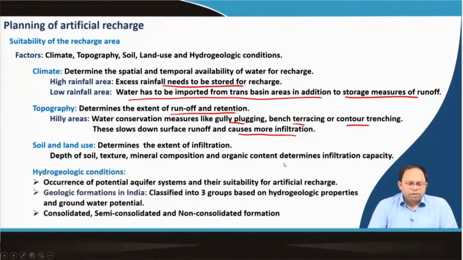And then we have the hydrogeologic condition, and the potential aquifer system and the suitability for artificial recharge. So that means the nature of the aquifer plays a role in what kind of recharge is possible, and how much recharge is possible. In India, we have 3 classifications for this kind of aquifers: consolidated ones, semi-consolidated and non-consolidated formations, which actually influence the amount of recharge that could be done for these aquifers.